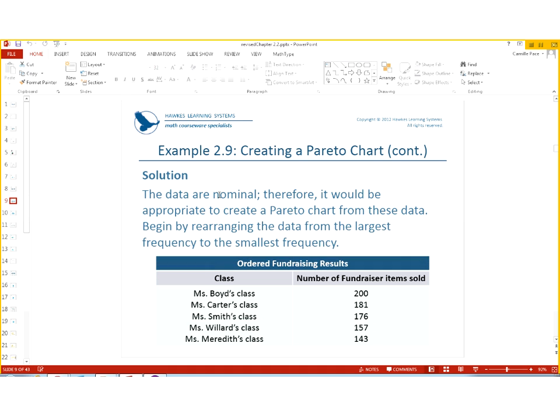Because the data is nominal, that means that it's going by names, it's not ordinal, you can make a Pareto chart. So you can arrange it from largest to smallest, which I talked about before. Miss Boyd's class had the most fundraiser items sold, and Miss Meredith had the least.